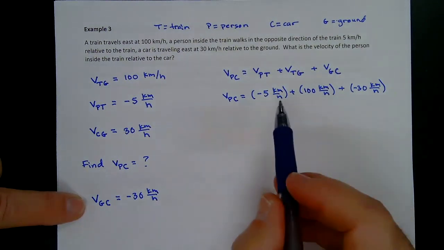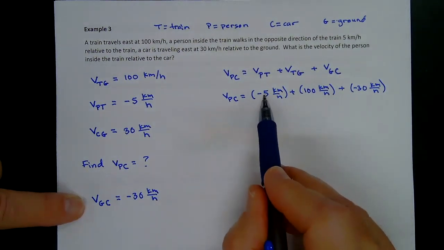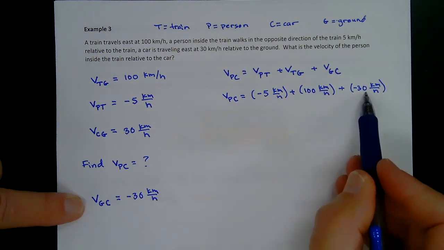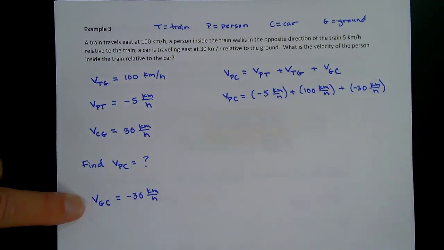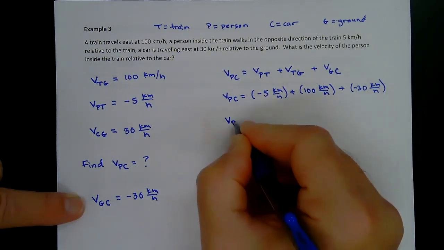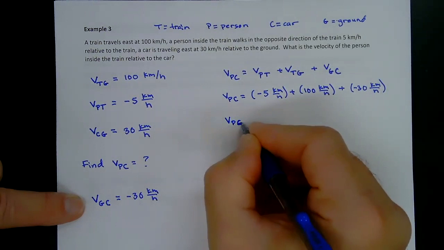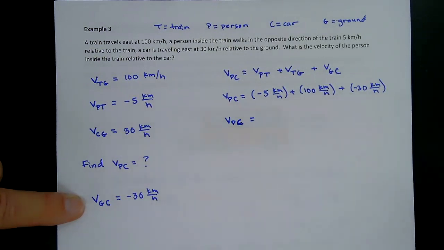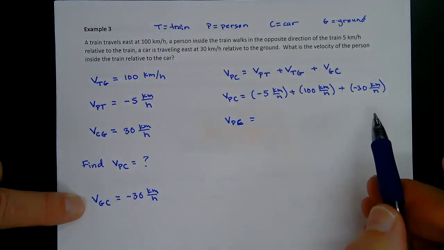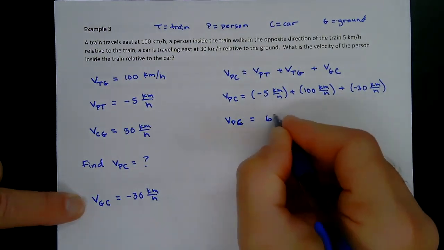Okay, so if you combine -5 plus 100 plus -30, right? That would give you not negative, it'd give you positive. So the velocity of the person relative to the car is equal to 65 kilometers per hour.